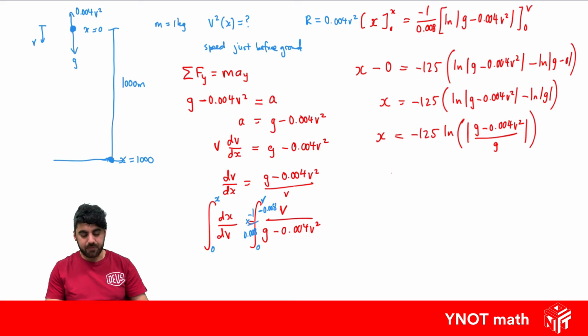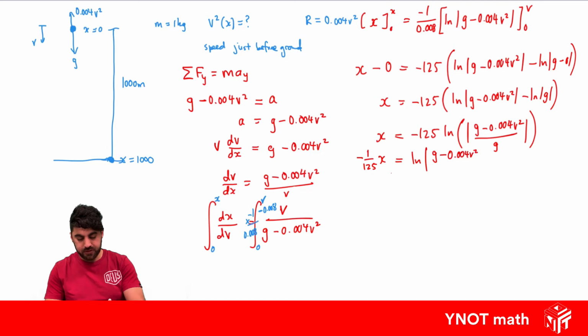So let's divide both sides by minus 125. So we'll get minus 1 on 125 x equals the ln of the absolute value of g minus 0.004 v squared all on g.